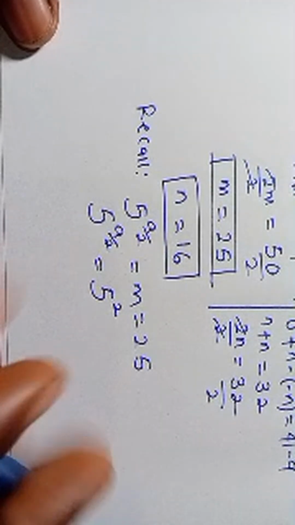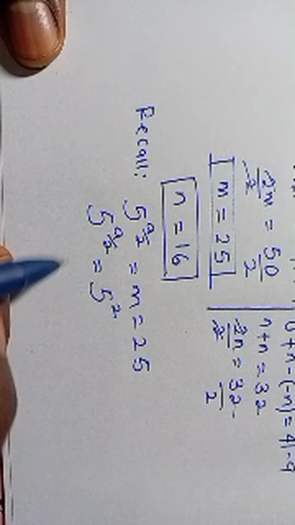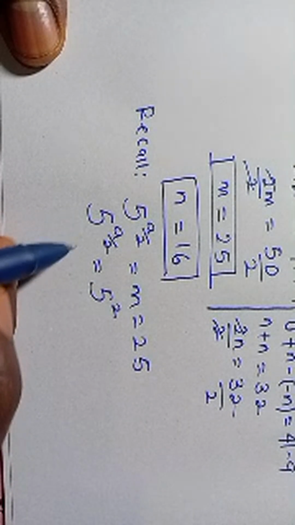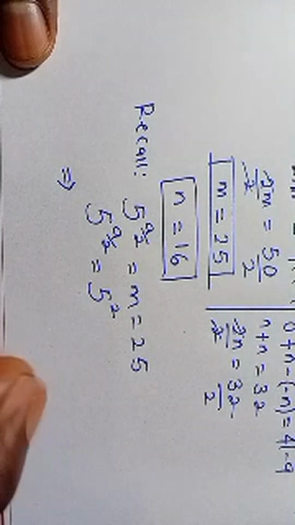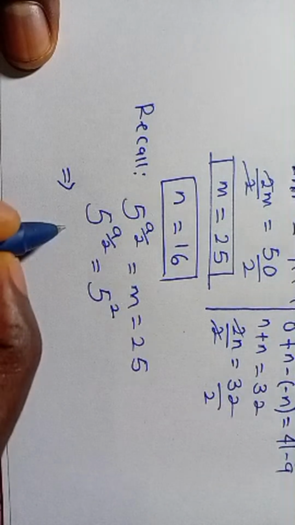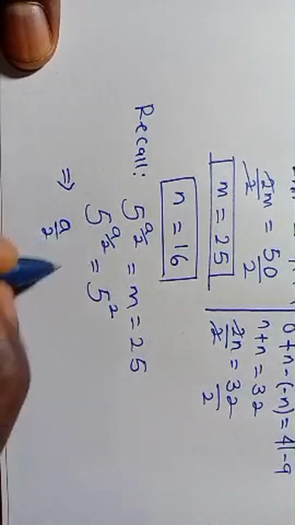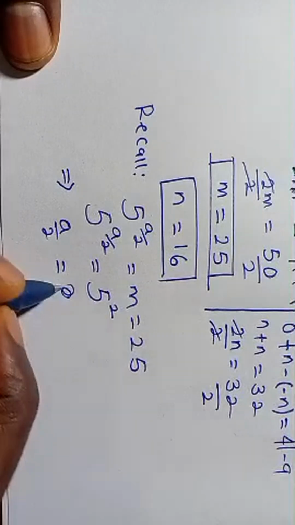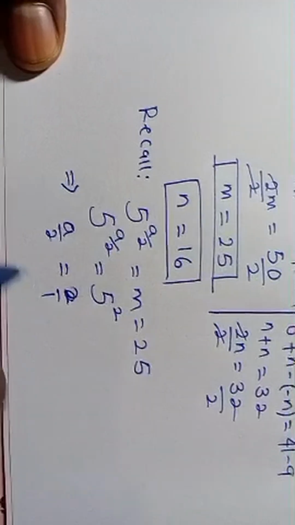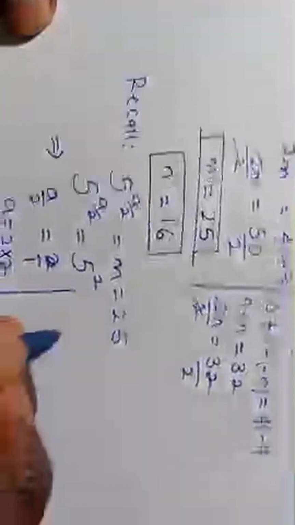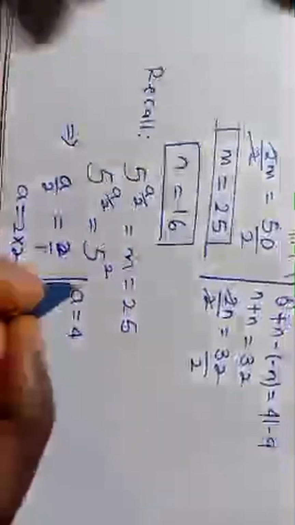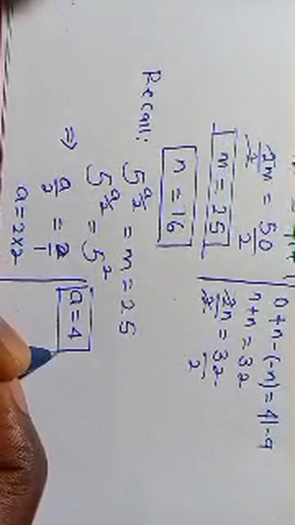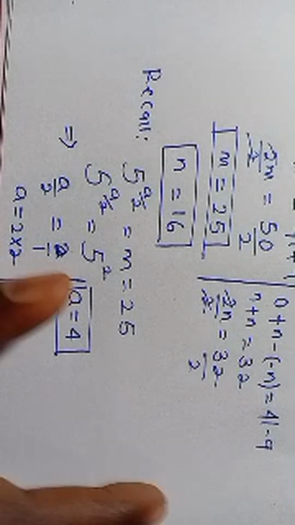So if we have this to be equal to this, there's need for us to equate the power since the bases are the same. So if we equate that, we are going to have a over 2 will be equal to 2. Then a equals 2 times 2. And so therefore, we're going to have our a to be equal to 4.